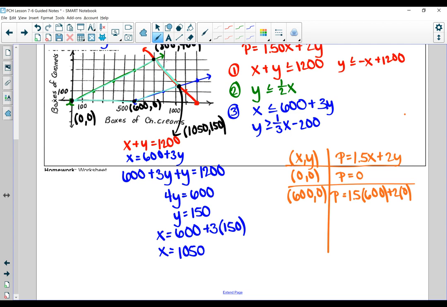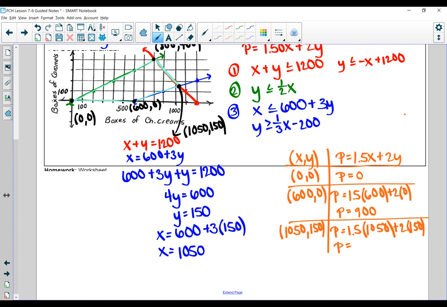Okay, so we get 900 here. That's good, not great. Let's see what else we've got. We're going to try the 1050 and 150. So my profit, 1.5 times 1050, plus 2 times 150.